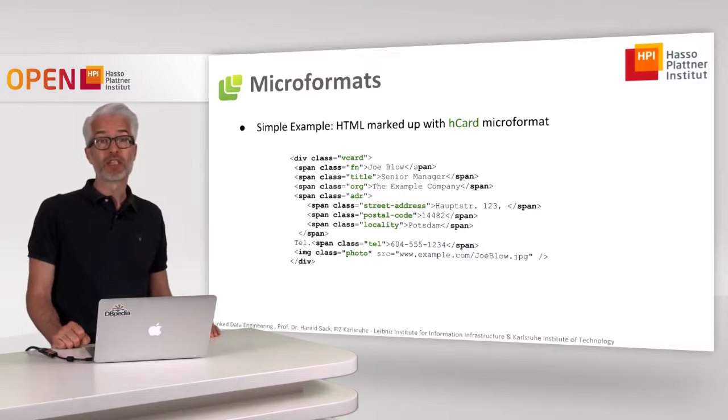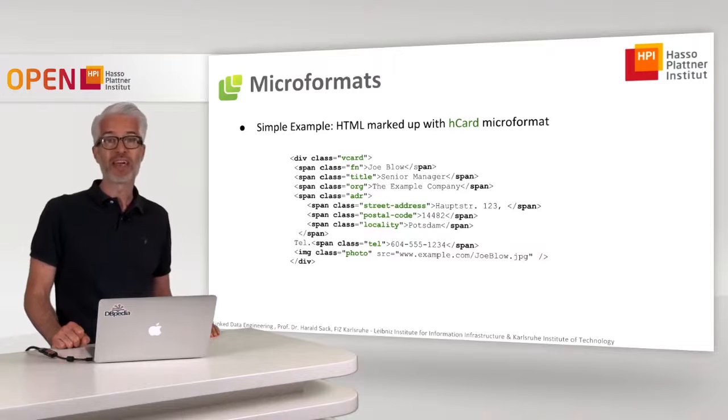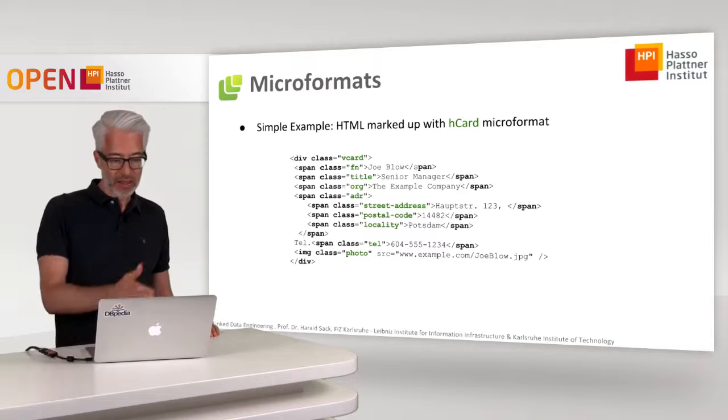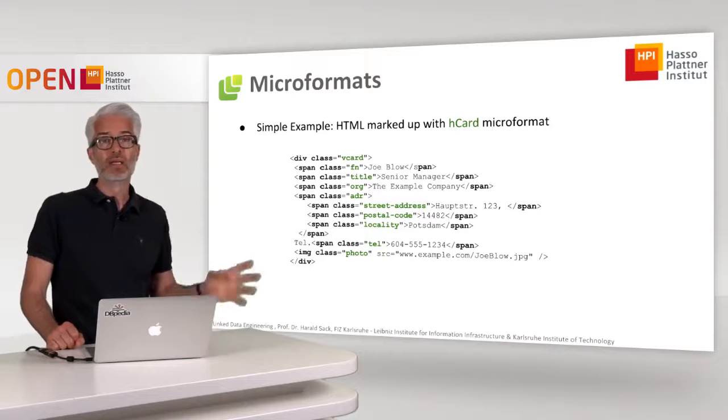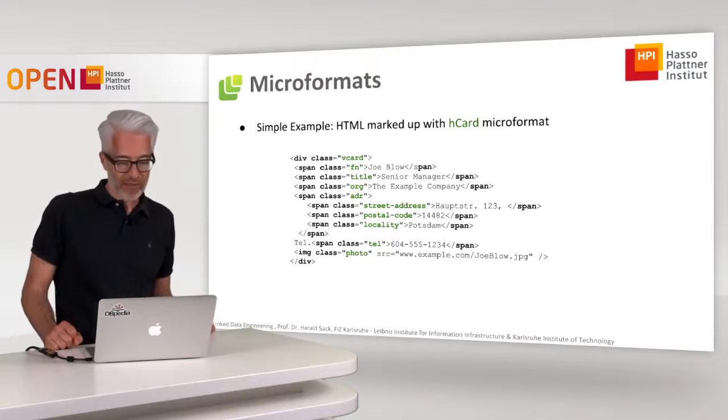Here we have an HTML page marked up with a specific microformat called hCard, which stands for address data. Here you see, for example, the div tag, and here we have a keyword vcard, which means that now comes the definition of address data.